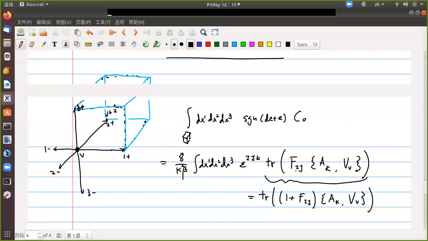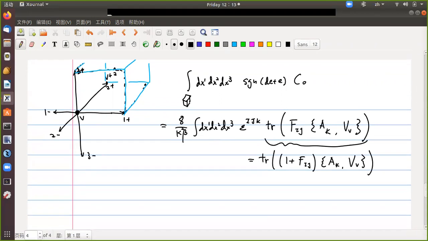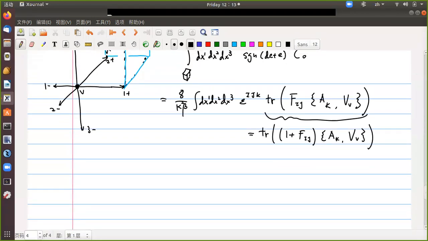So here you have a sum over ijk. Maybe I write it more explicitly. Let me write one more step. This dx1, dx2, dx3, and this epsilon ijk you can expand in components.